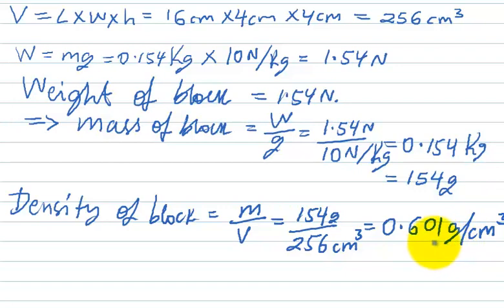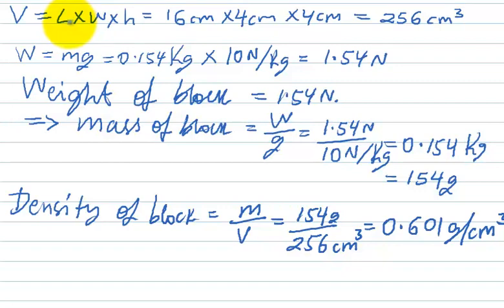Let me go through this calculation once again. Why do we need to calculate the volume of the block? We are prompted to calculate the volume of the block from the fact that we are required to calculate the density of the block. In order to calculate the density of any substance, we need two physical quantities.